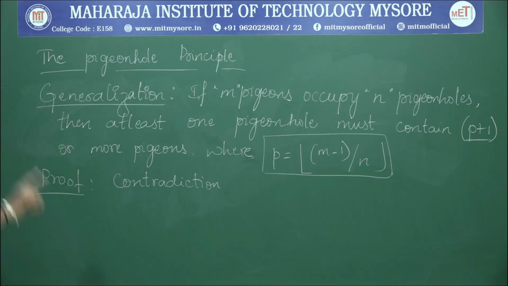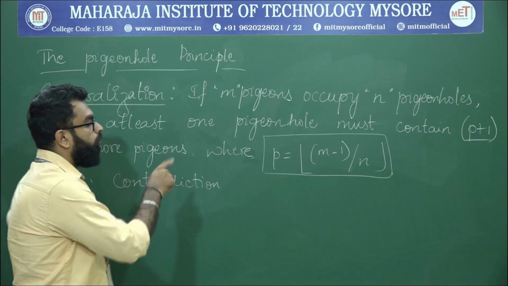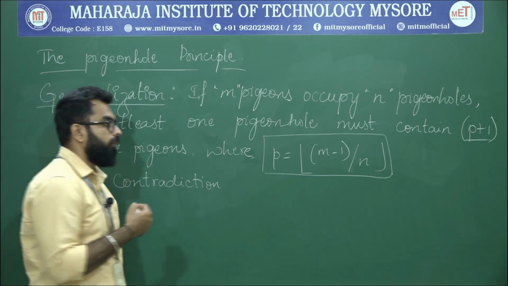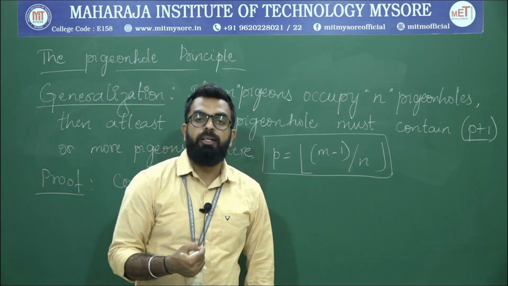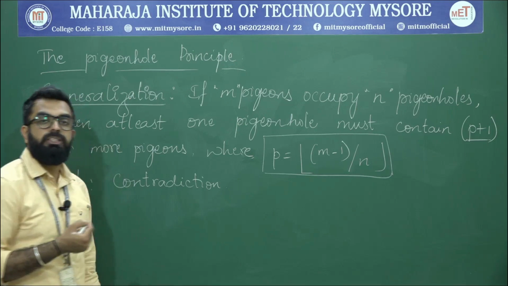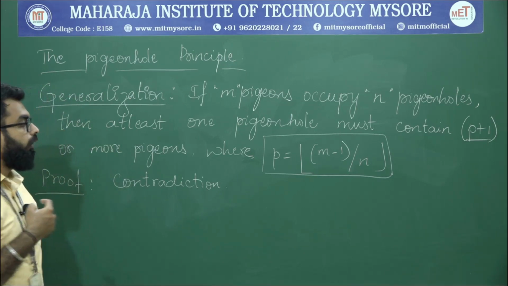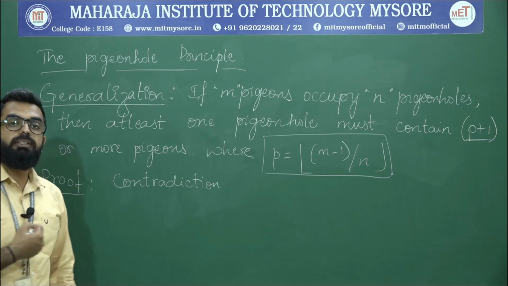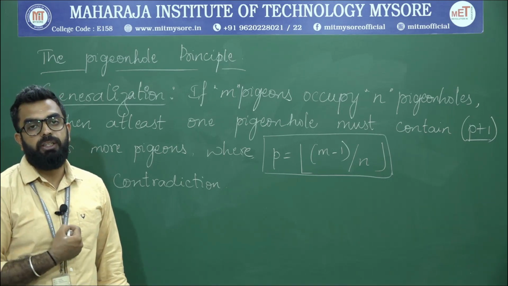It says that the pigeonhole must contain p plus 1 or more pigeons. When we contradict this conclusion, we mean to say that no pigeonhole will contain p plus 1 or more pigeons. That is, every pigeonhole will contain p or fewer pigeons in it.